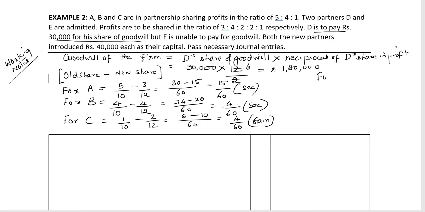For E, he gains 1 divided by 12. Now we multiply each of these sacrifices and gains into the goodwill of the firm to get the amount to be debited and the amount to be credited.